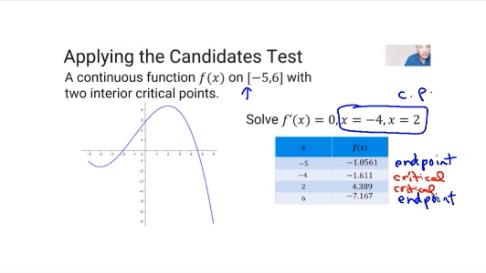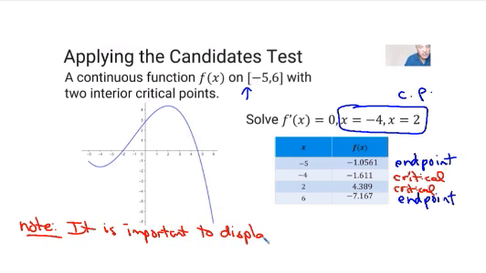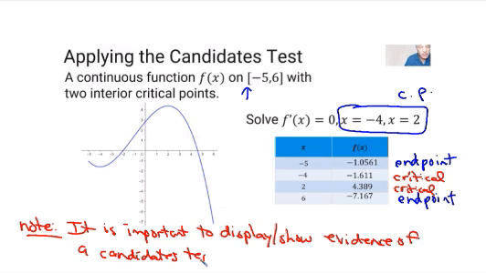Let's write that down. Note, it is important to display or show evidence of a candidates test when looking for absolute extrema.